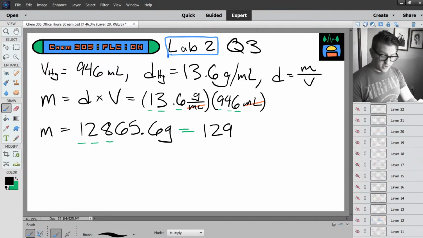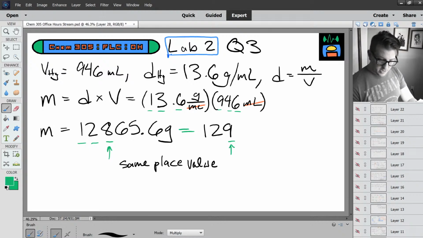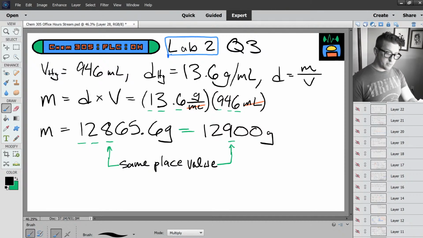So here's the thing. They have to have the same place value. If we left our answer at 129, its place value would be the ones place, but in our original number, it's in the hundreds place. So we need to add 2 zeros so that it keeps the same place value.